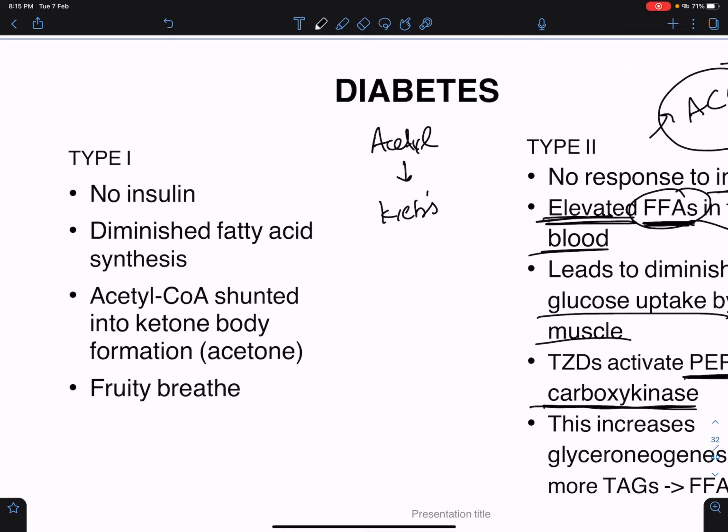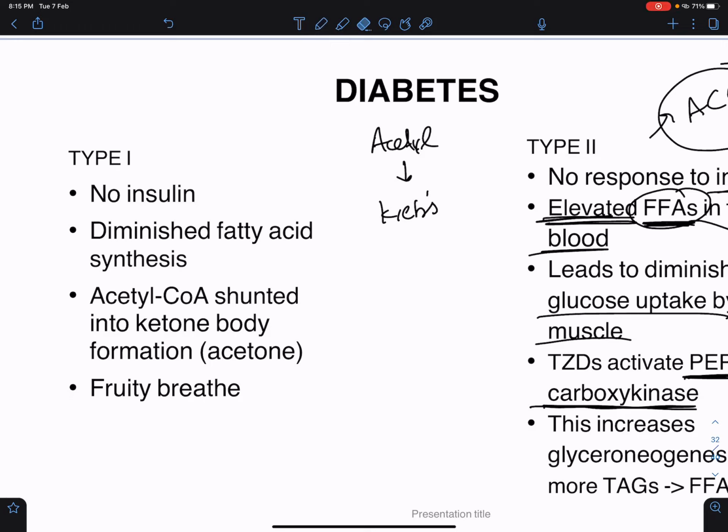Yes. Okay, cool. So in type 1 diabetes, as we said, there's no insulin production. So if there's no insulin, the ACC is going to be deactivated, because there's no insulin to activate the ACC. This causes a decrease in fatty acid synthesis.